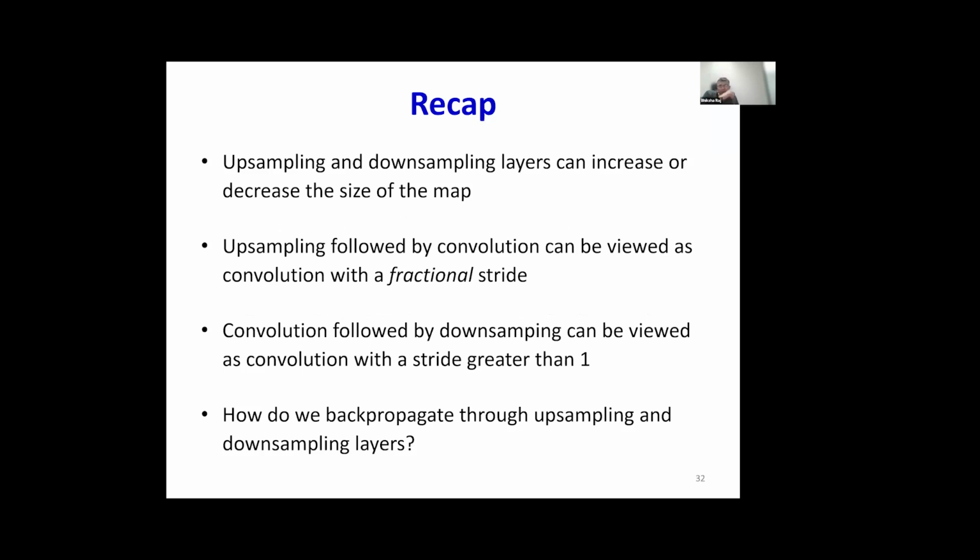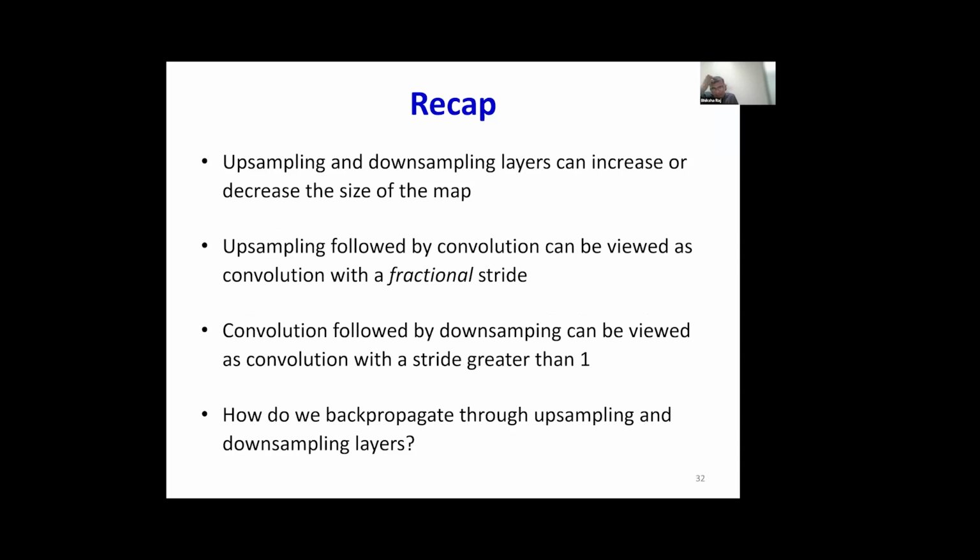Now, the next operation we must consider is upsampling and downsampling. Upsampling layers and downsampling layers increase or decrease the size of the map. And we also said that upsampling must always be followed by a convolution, otherwise it doesn't make sense. So upsampling followed by convolution is often termed as convolution with a fractional stride.